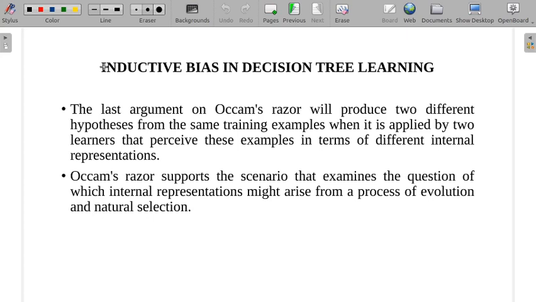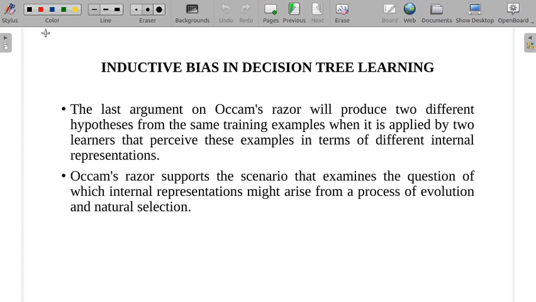So when we compare which is small and which is big for completely different types of hypotheses, we cannot judge which is bigger and which is smaller. Two different hypotheses for the same training examples can be formed by two different types of learners. Then what will Occam's razor principle say? Which is the shorter one, which is the larger one? That's what this point is telling us.